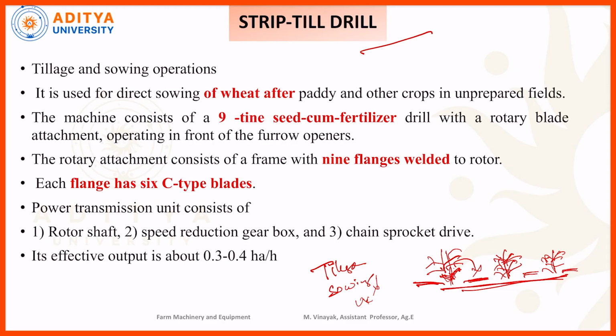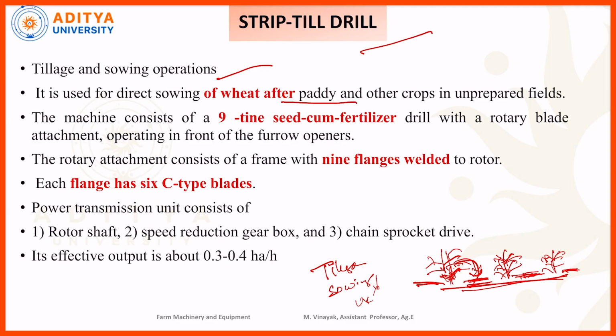After passing the strip till drill throughout the field, these stubbles will be pulverized and spread throughout the surface in between the plants. So tillage and sowing operations will be carried out by using the strip till drill. It is used for direct sowing after harvesting the paddy crop.